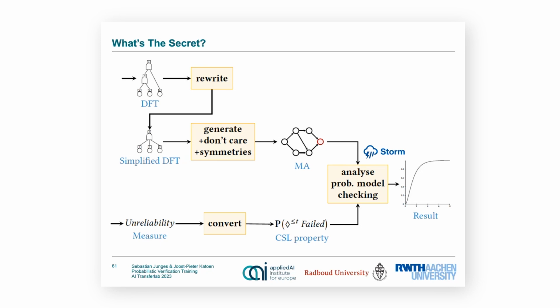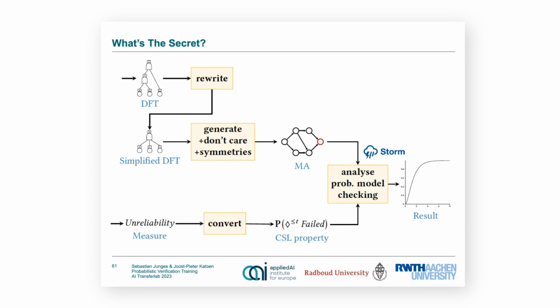But other properties could be the mean time to failure. And you can, of course, also model costs. If you think that certain components are expensive, you would also like to take the price of the components into account in your fault tree, and you can model things with rewards as we have seen before the break.